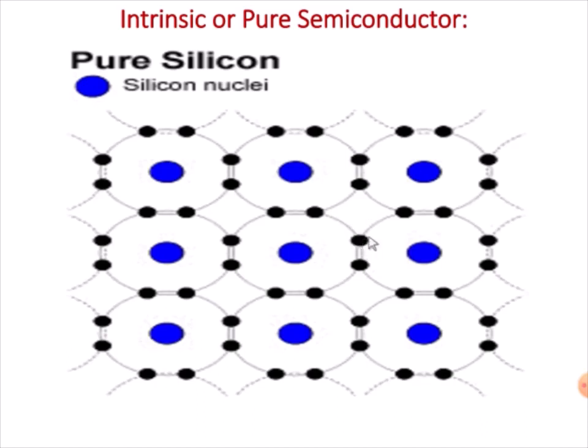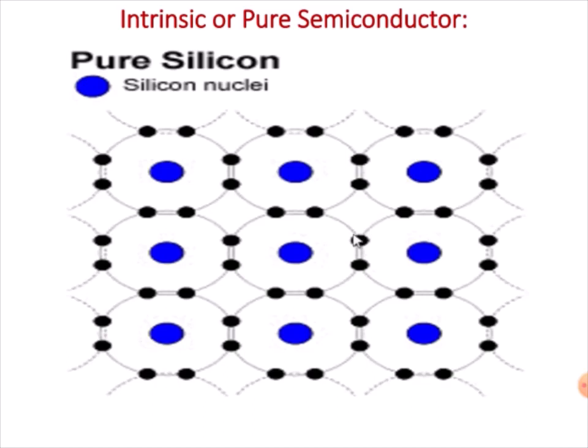When that electron comes out, it leaves a space known as a hole. A hole is the empty space of an electron, and it behaves just like a positive charge, equivalent to the positive charge in the case of the electron. So when a covalent bond breaks, one electron is released and a hole is created there.